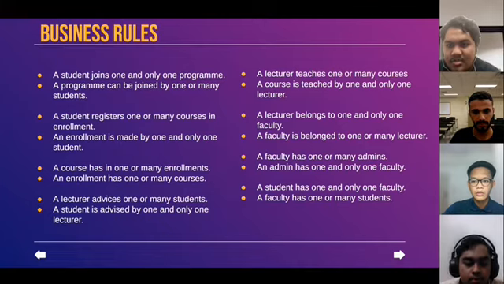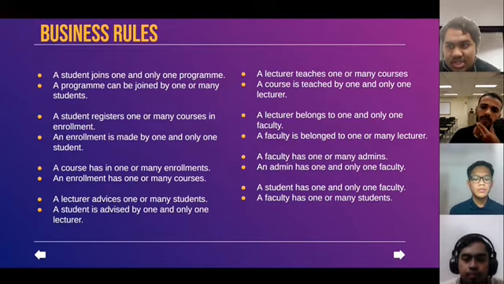The next point is between the lecturer and the students. A lecturer advises one or many students. A student is advised by one and only one lecturer. Next is lecturer and courses. A lecturer teaches one or many courses. A course is taught by one and only one lecturer.